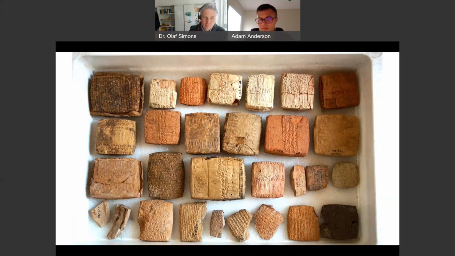Many of them are wrapped in an envelope of clay. And these tablets in particular come from a site in central Turkey called Kanesh in antiquity. The modern day site is Kultepe. There have so far been 22,000 tablets that have come from that site alone that we know of.